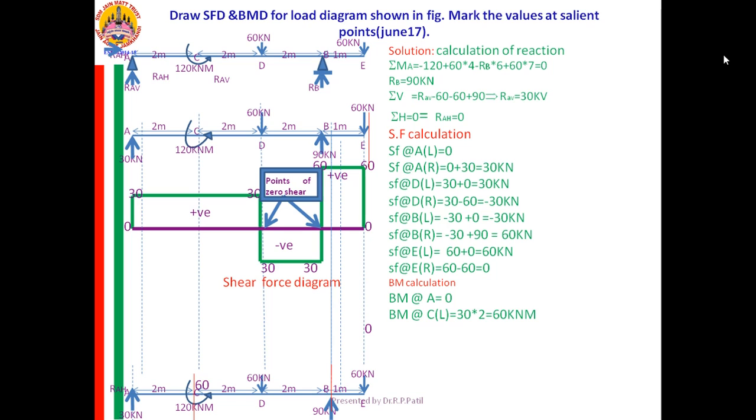And that 60 into 5, beam will bend in downward direction. Therefore it is minus 60 into 5. And go for this 90. It is going in the upward direction. Therefore 90 into 4 is positive.